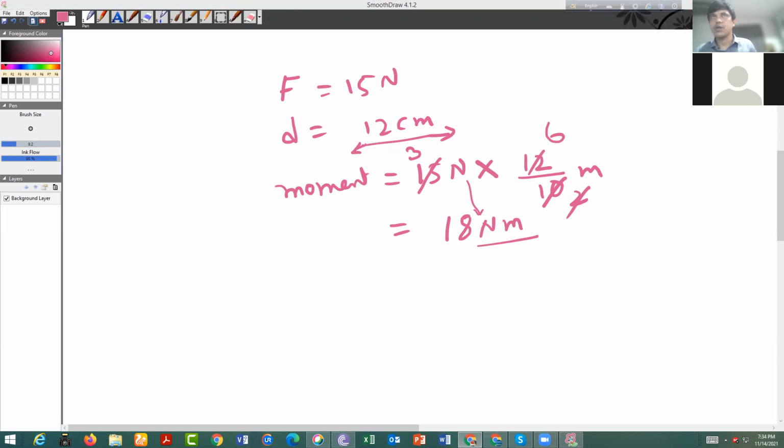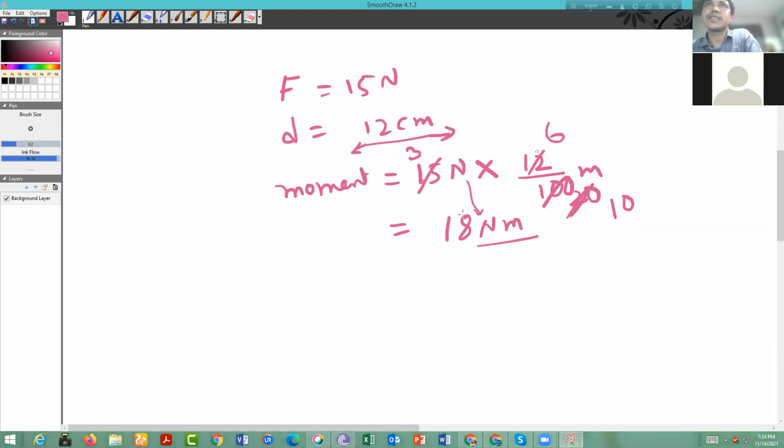Wait, I think it's 100 meter. Yes, you are right. 100 centimeter equals 1 meter. So it will be divided by 100. So this is 20, this will be 10 and this will be 6.